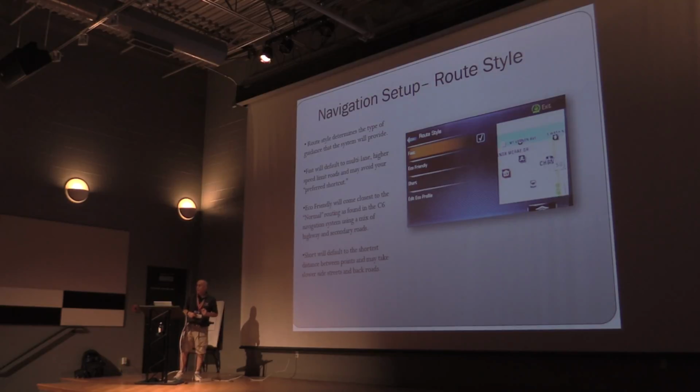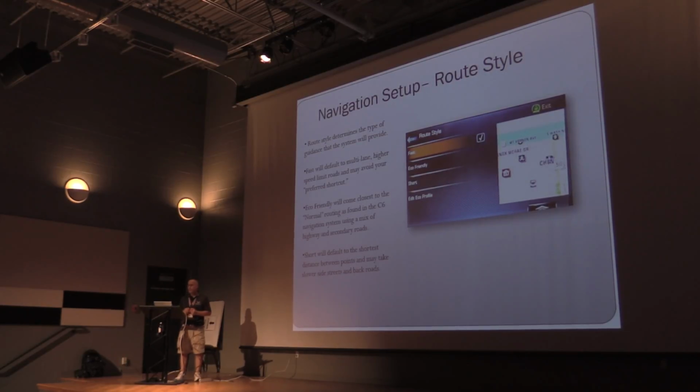Route style. I get a lot of grief from folks about the eco-friendly profile. I have it on this slide because it's actually significant. For those that came from the C6, remember the routing preference types that we had? There was a normal preference, which was the combination of shorter back roads, faster highway roads. That's what you're going to get from eco-friendly.